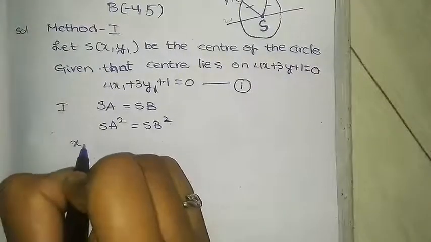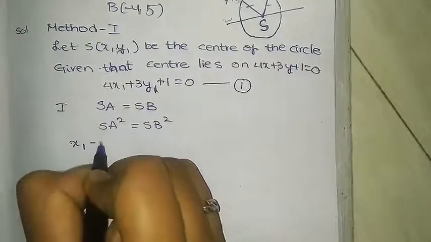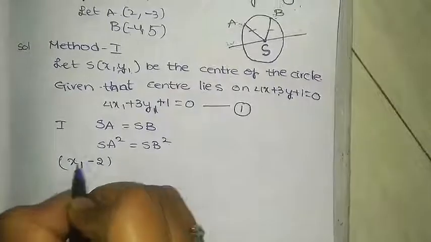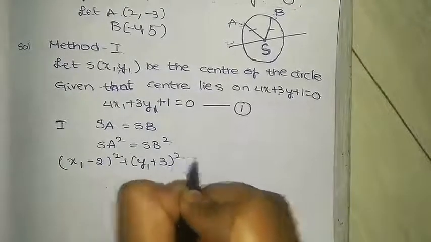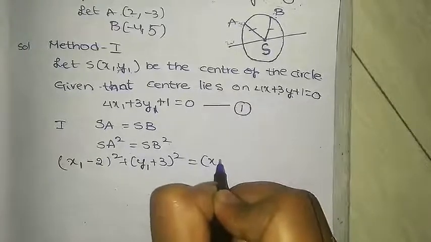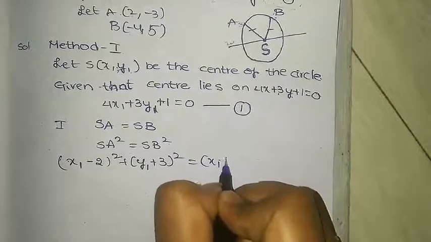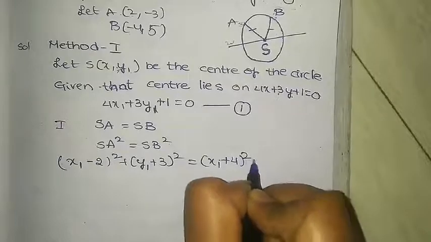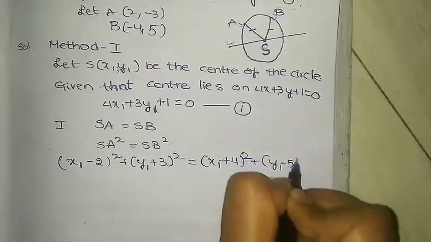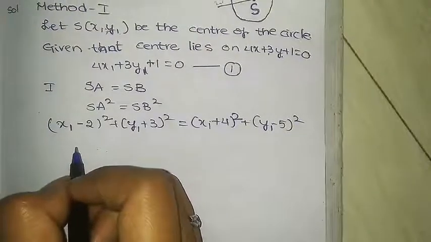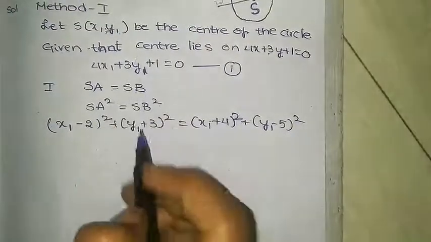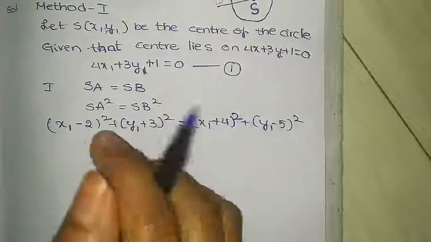So (x1 minus 2) square plus (y1 plus 3) square is equal to (x1 plus 4) square plus (y1 plus 5) square. Now solve this equation so that we get the second equation. By solving 1 and 2, we will get the equation of the circle.